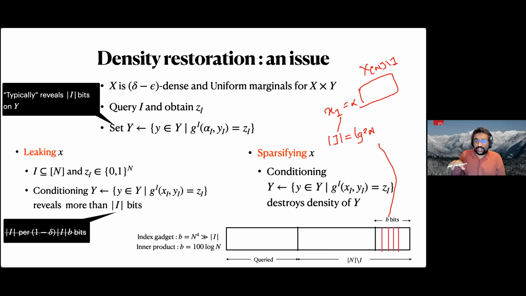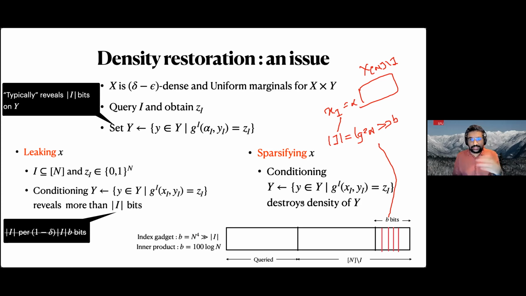So with such a large I, if we are revealing all the information released from Zi into a single block of inner product, that entire block could get fixed. I can be larger than B. I can be, in fact, much, much larger than B. So here, we have no hope of fixing uniform marginals on n minus I anymore. So we need to make sure that sparsifying doesn't happen.